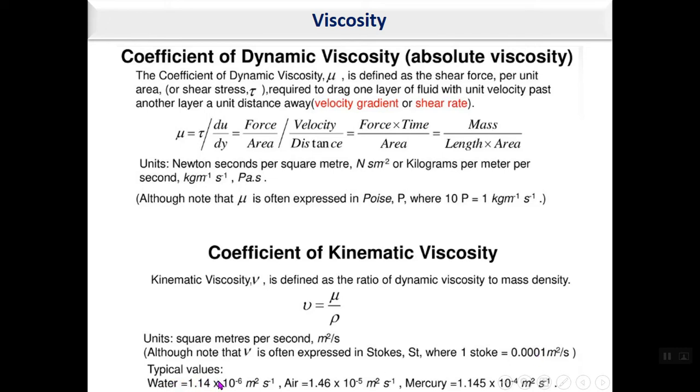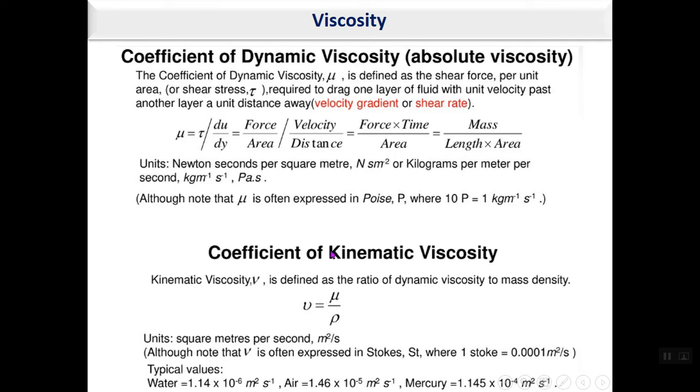Here are some typical values, as you can see. For example, for water, kinematic viscosity is around 1.14 centistoke, and for air it is something like this, and for mercury you can see here.